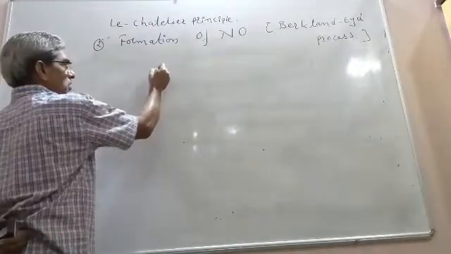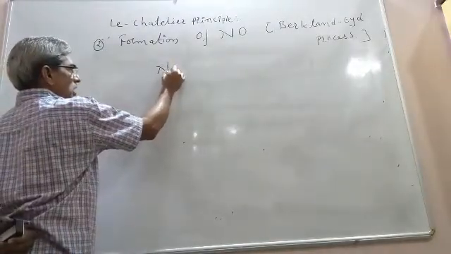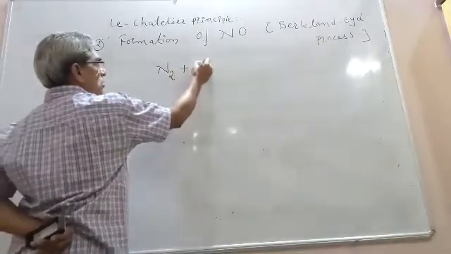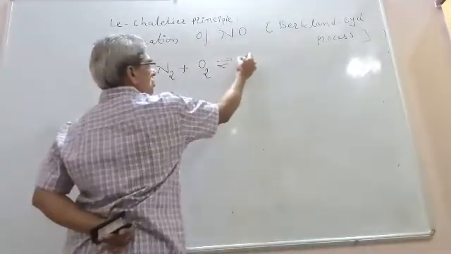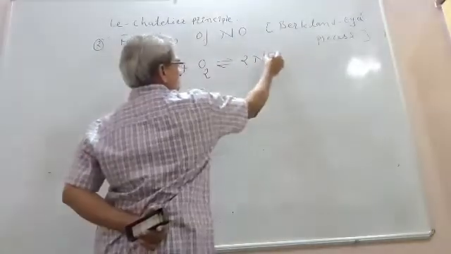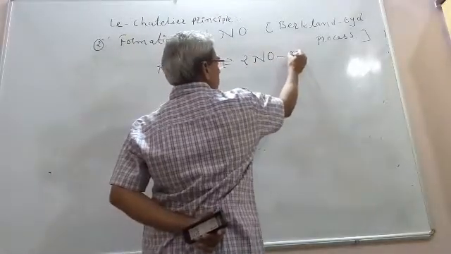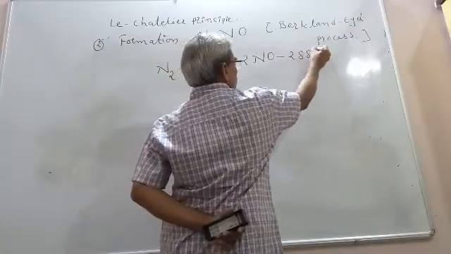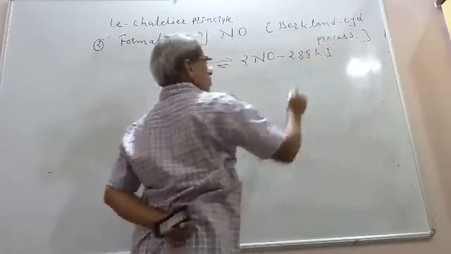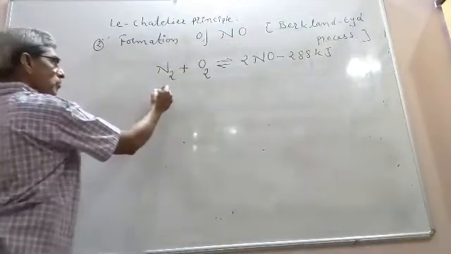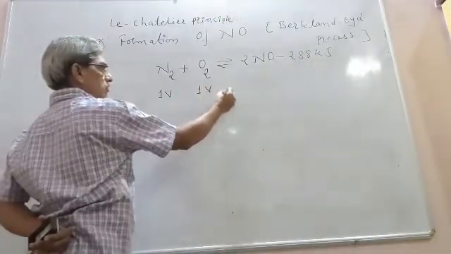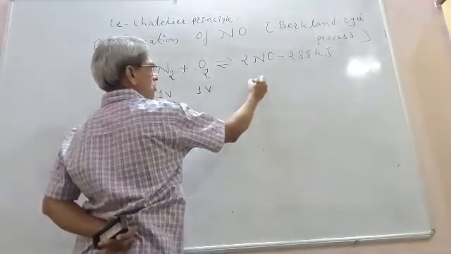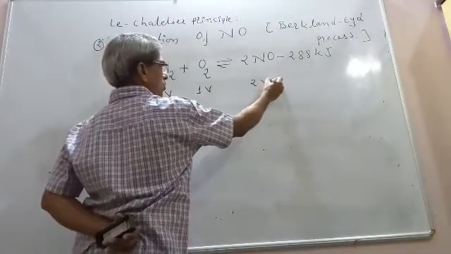Consider that example: N2 plus O2 gives twice NO minus 288 kilojoule. One volume of nitrogen reacts with one volume of oxygen and gives two volumes of NO.